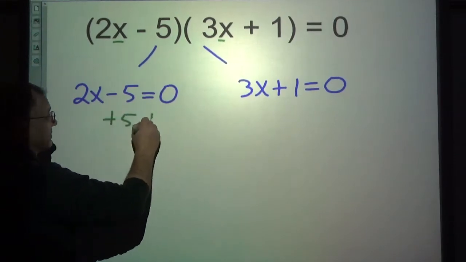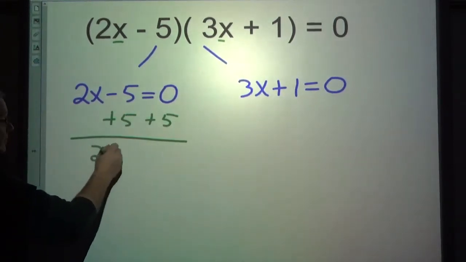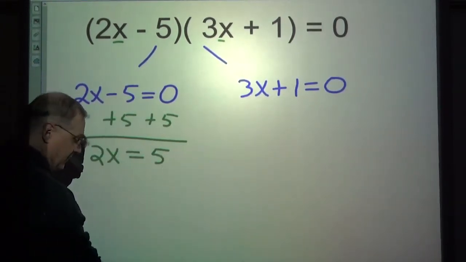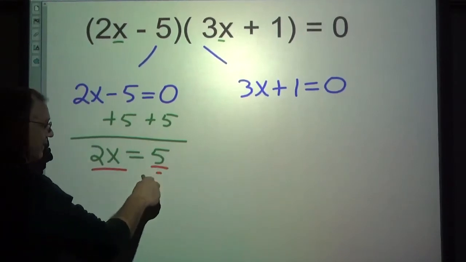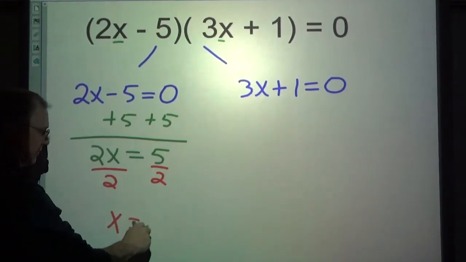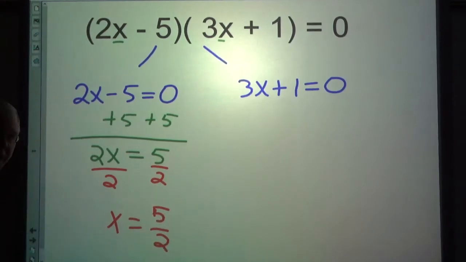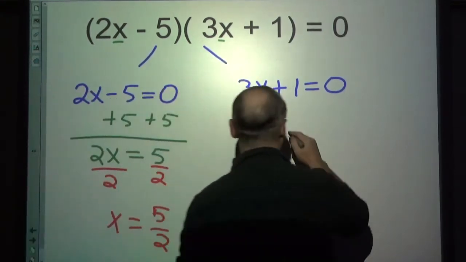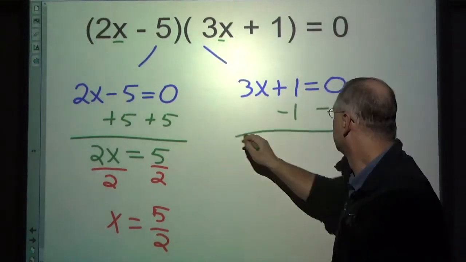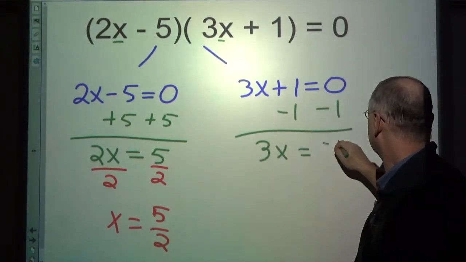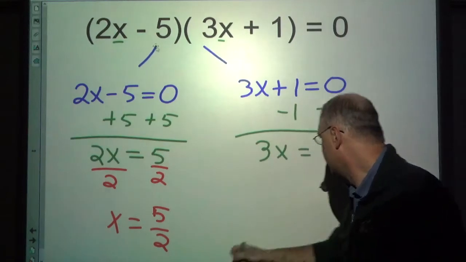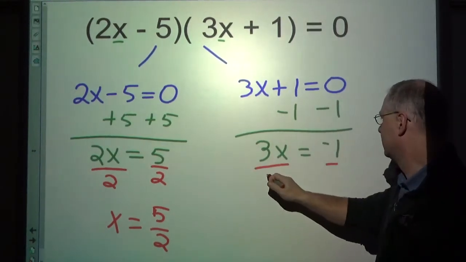Add 5 to both sides. Then I'm going to divide by 2. So 5 halves, or 2 1/2, is one answer. And then I'm going to divide by 3 after I subtracted 1.